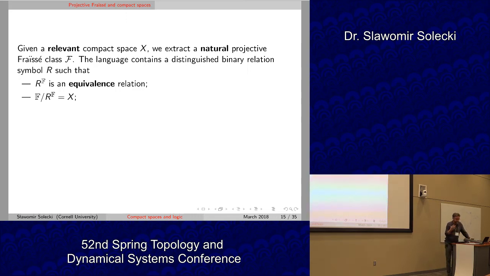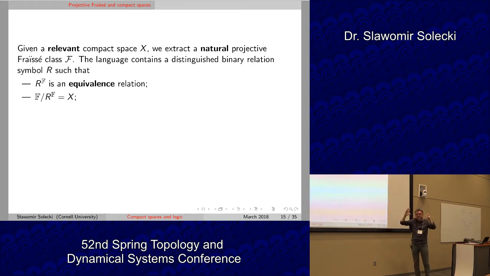I will be able to find or guess this natural projective Fraïssé class, and then the language will always contain a distinguished binary relation R. This relation R will live on all the structures in F, and normally it's not an equivalence relation on structures in F, but when you take the limit, from the properties of the limit, you will be able to check that it becomes an equivalence relation. So as you take this limit, R will be interpreted in the limit.